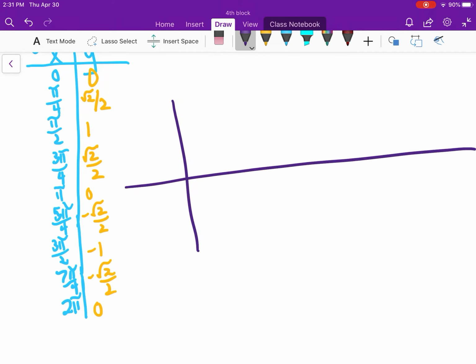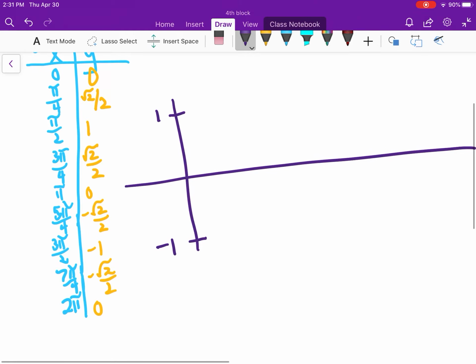Okay, so now we're going to graph what we have in our ordered pairs there. Now, if you'll notice on our y's, what's the highest number? Yeah, 1, and the lowest number, negative 1. Okay, and that makes sense if you think about our unit circle, our radius was 1, so we're not going to have anything out of that range there.